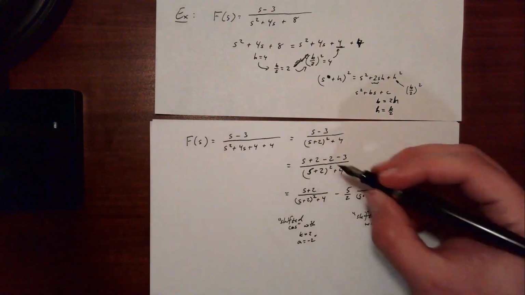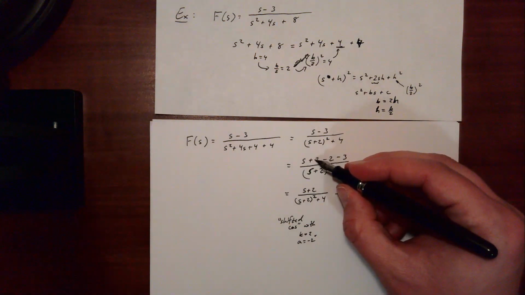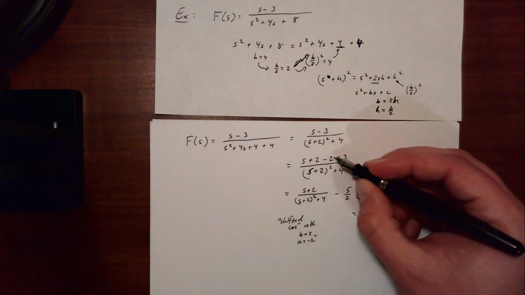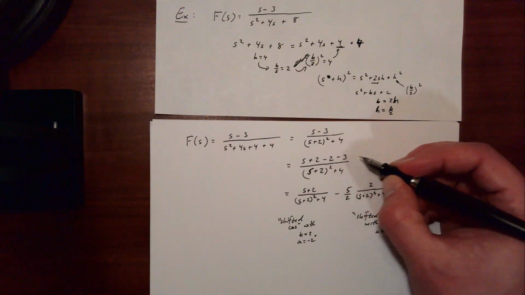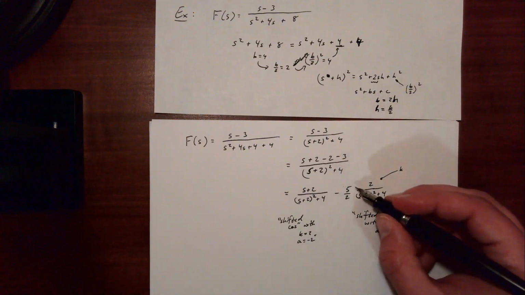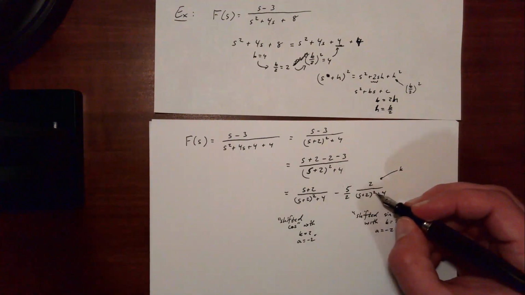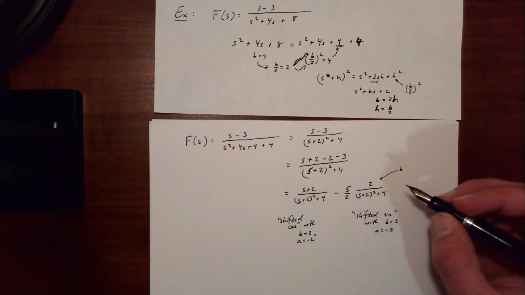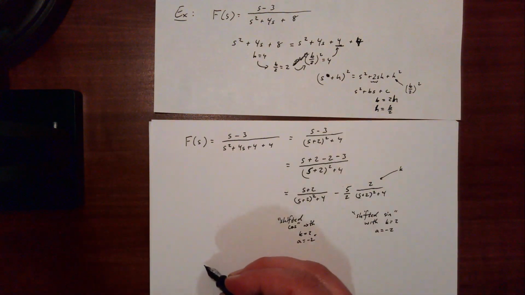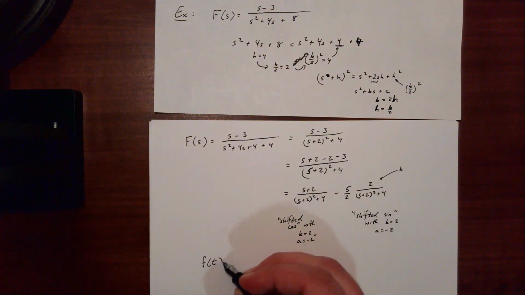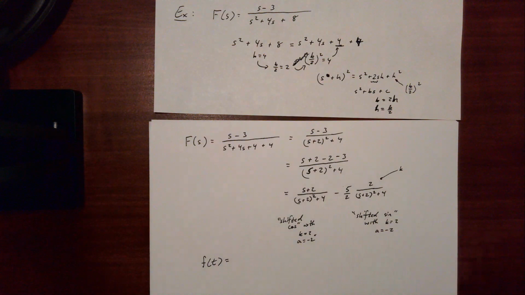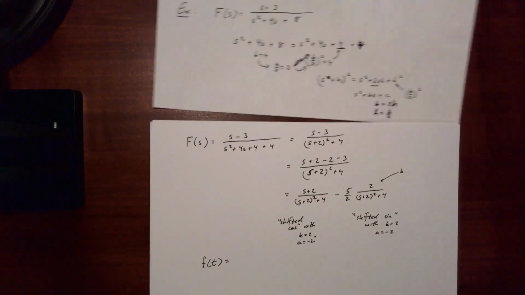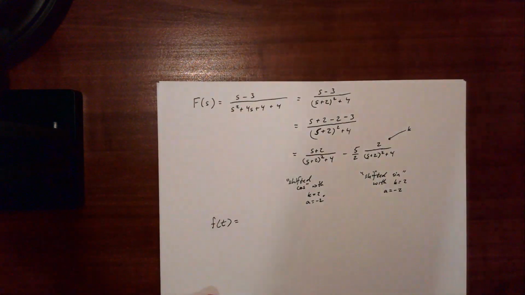We had to change this to an s plus 2, so we did s plus 2 minus 2 minus 3, and then separated the terms out. And then this was supposed to be a 2 on the top, so we put also a 2 on the bottom. So now, finally, we are ready to take the inverse Laplace transform of this expression, and we finally have it just the way we want it.